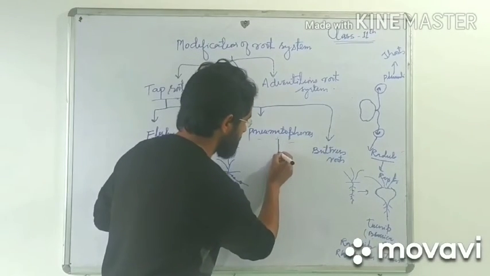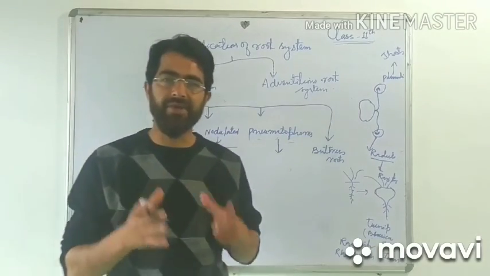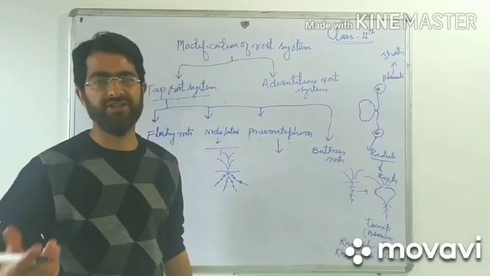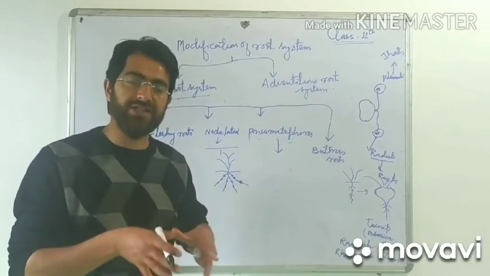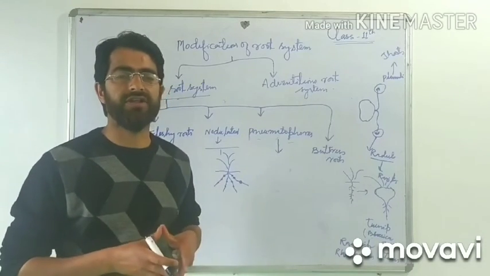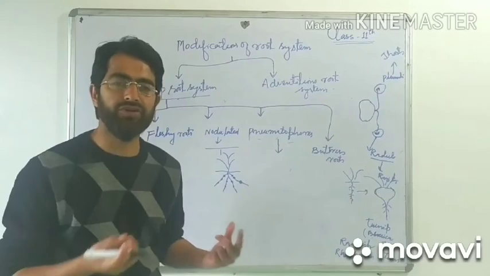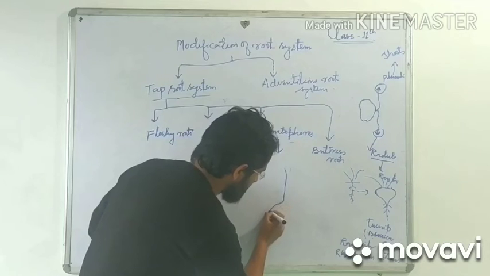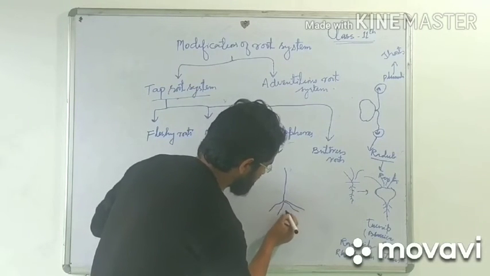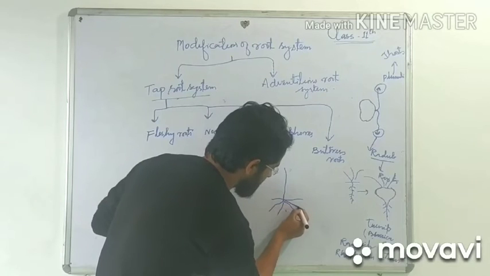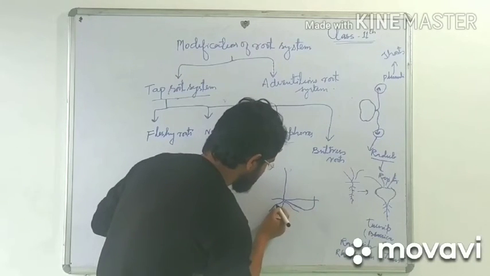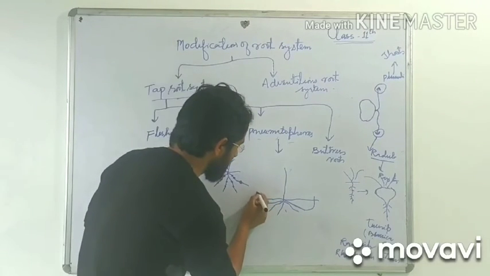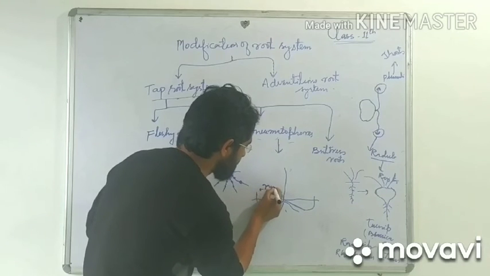Third is nematophores. In some areas, especially water-logged areas, there is the least availability of oxygen in the soil. Plants which reside in these water-logged areas develop roots which emerge out of water or soil. For instance, this is a plant having a root-like structure like this. Some of its roots come out of the soil and perform gaseous exchange.